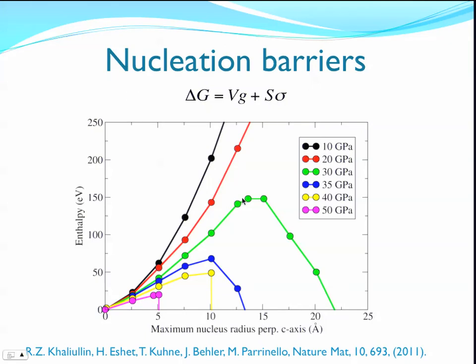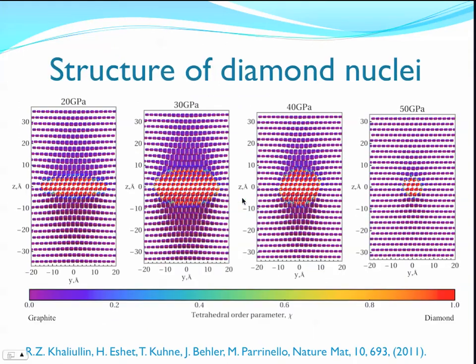So what's going on here? What's happening in the system? In order to understand why energy and critical nucleus size depend so much on the pressure, we just have to look at the structure of diamond nuclei.